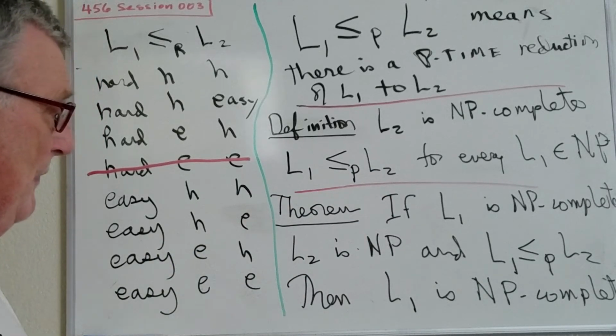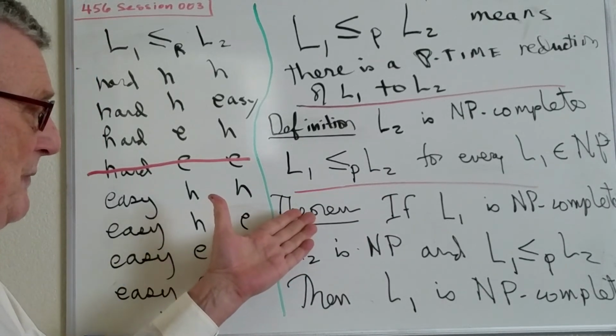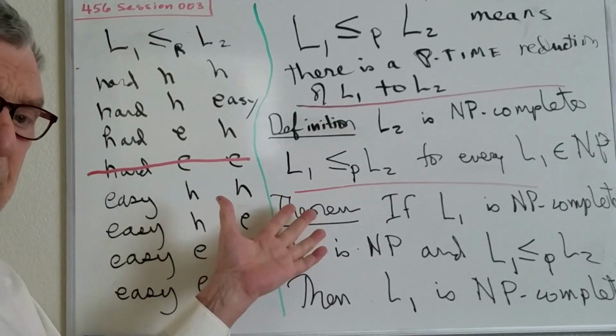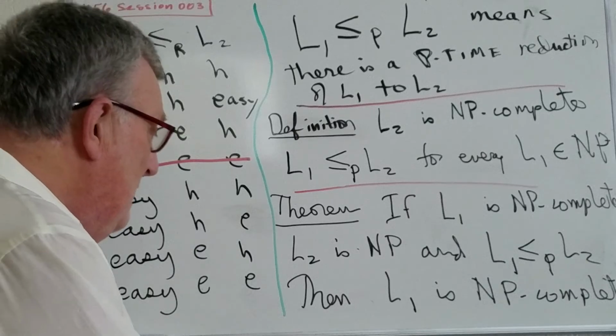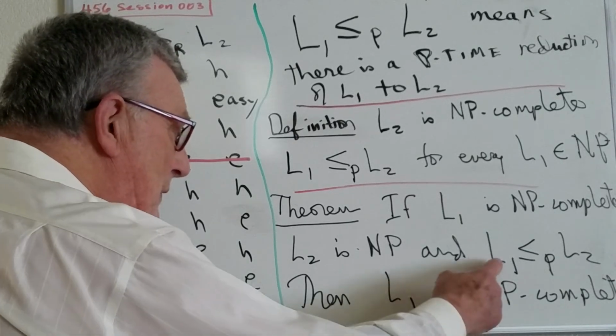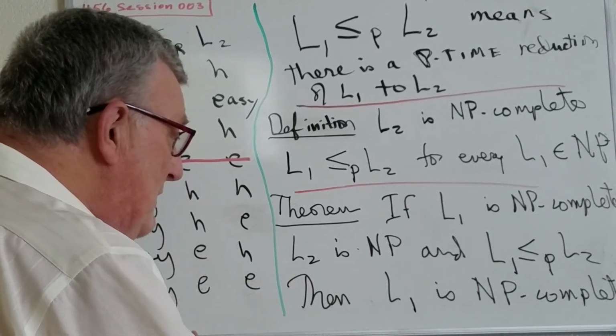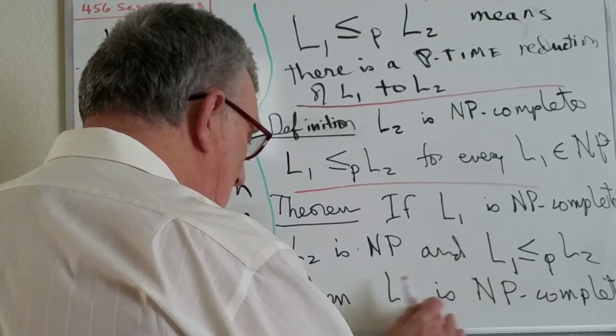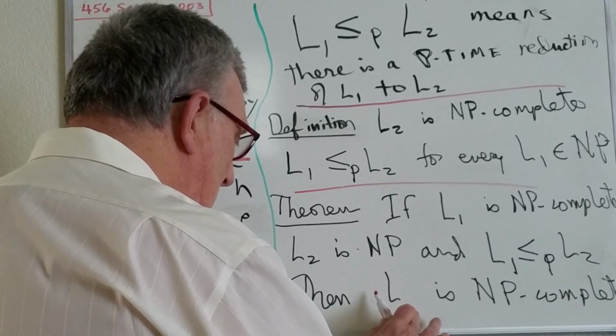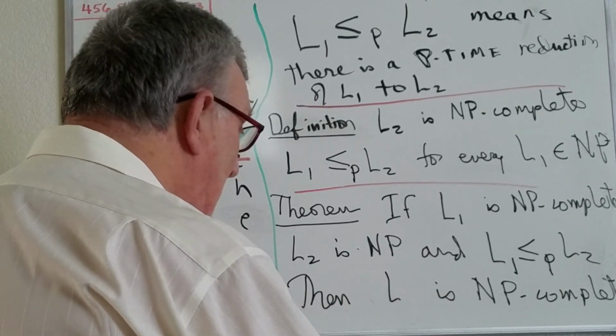All right, now this theorem here is your main theorem that allows you to generate more NP complete languages. So suppose, for example, that L1 is known to be NP complete. This is L2 here.